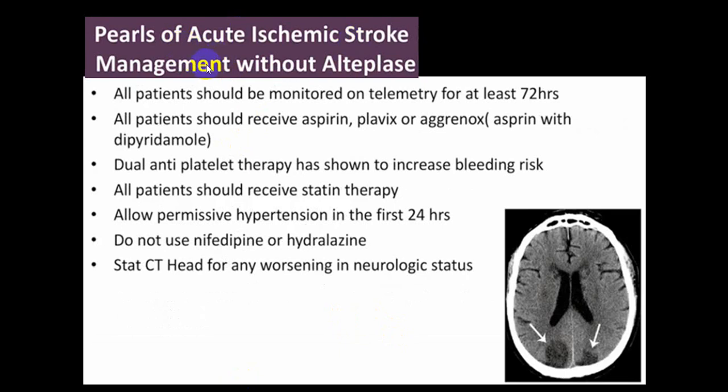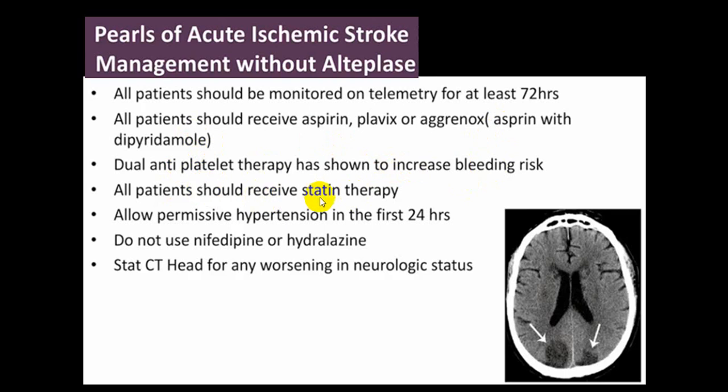Acute ischemic stroke management without TPA: all patients should be monitored for at least 72 hours. They should receive aspirin, Plavix, or a combination of aspirin with dipyridamole. Dual antiplatelet therapy will increase the bleeding risk.